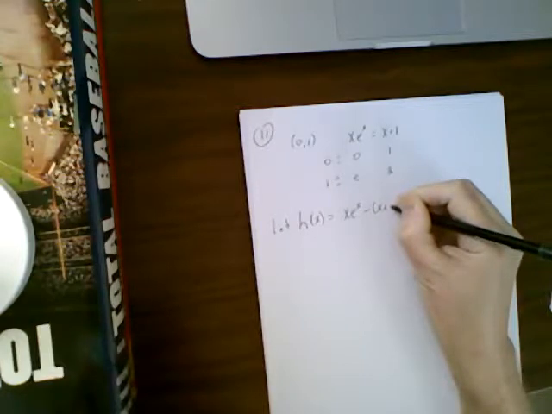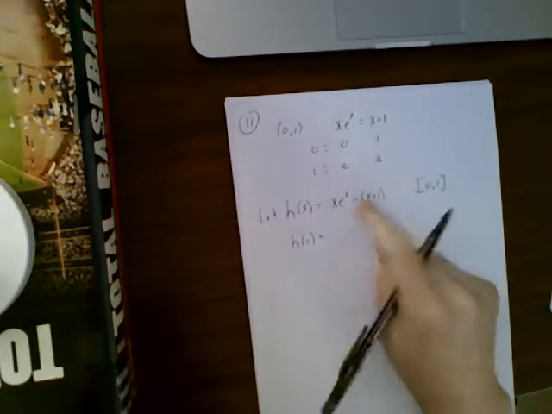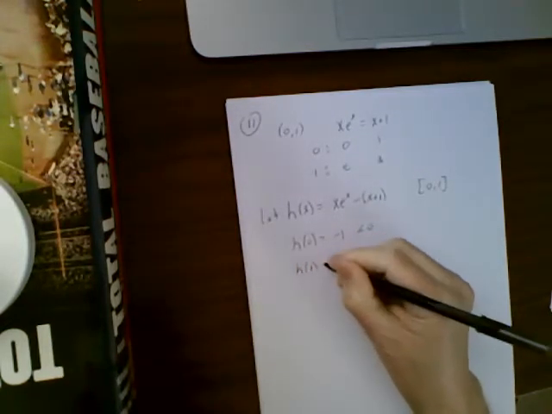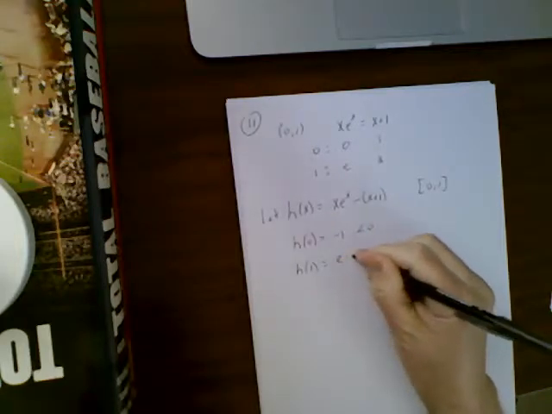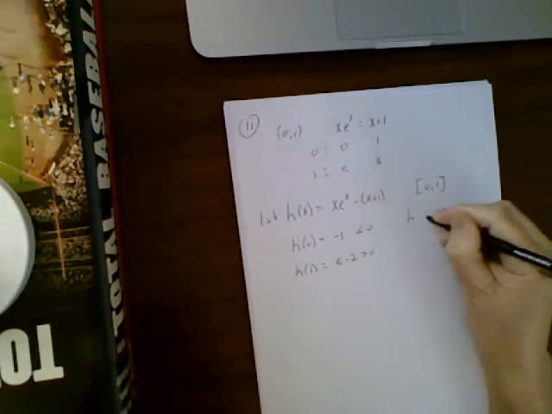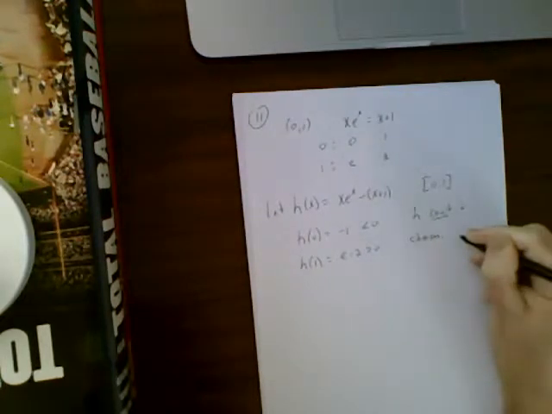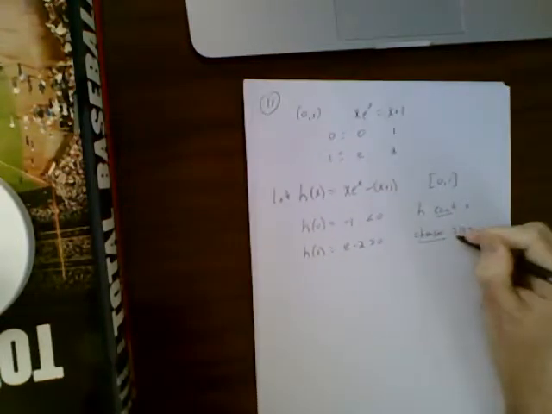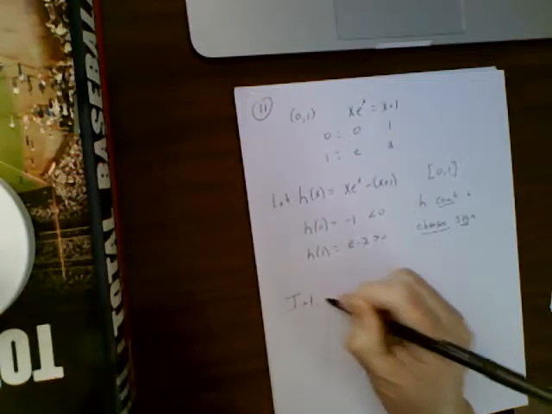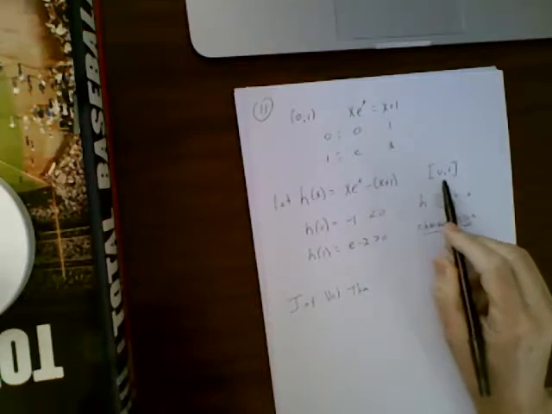If we study this on the closed interval 0, 1, we observed here that h of 0 is negative 1, so it's negative. h of 1 is e minus 2, which is positive. So on this interval, h is continuous and changes sign. This should be a familiar theme for us. So if you have a continuous function that changes sign, then the intermediate value theorem says that there exists a point on the interior.